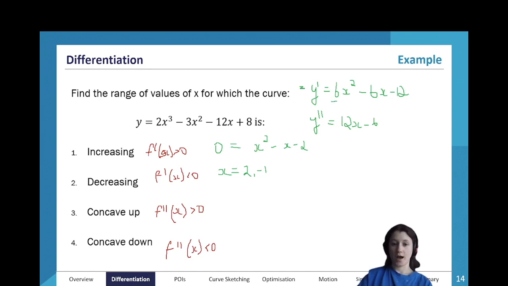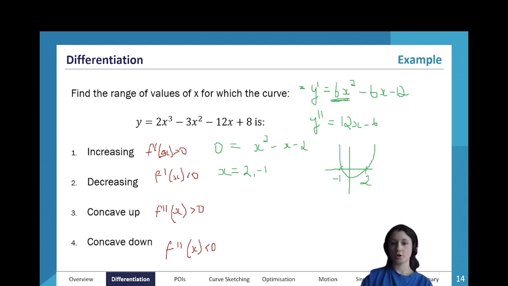Our curve here for our gradient is a positive quadratic, meaning that the number outside of the x squared, 6, is positive, and that means we're going to have a smiley face quadratic. So our quadratic is going to look like this, where that's negative 1, and this is 2.